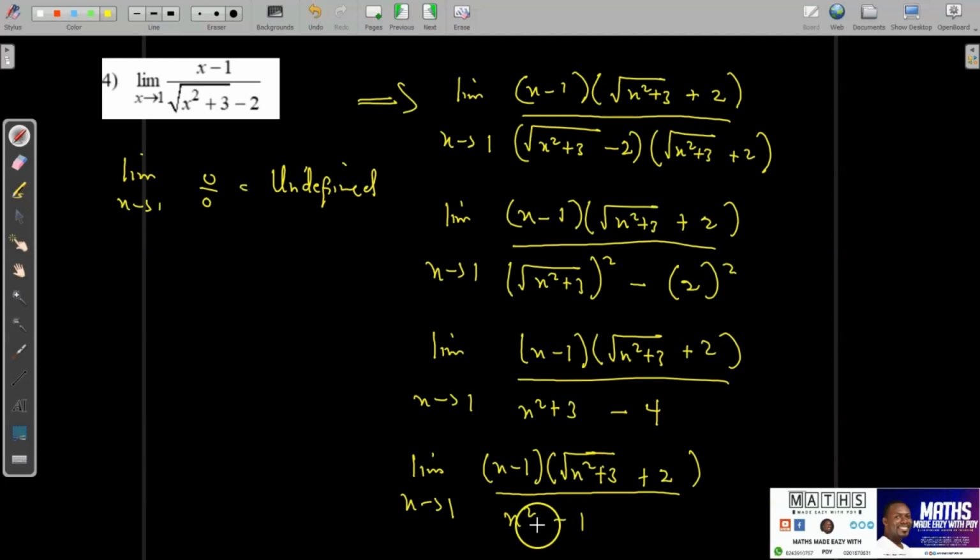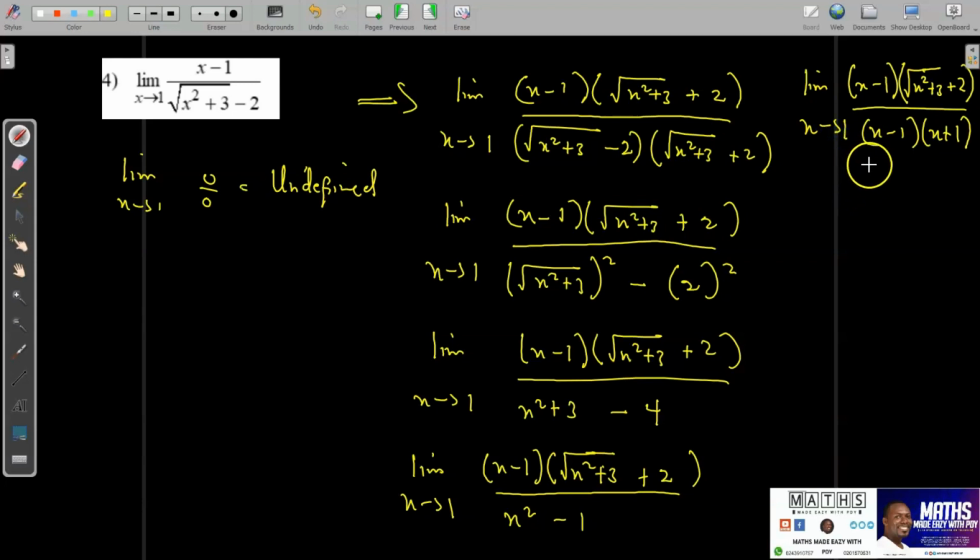If you look at the denominator, you have x squared minus 1, which you can write in factor form. So we need to factorize. That leaves us with the limit of (x minus 1) multiplying (the square root of (x squared plus 3) plus 2), divided by, in factor form, (x minus 1) multiplying (x plus 1), as x approaches 1.